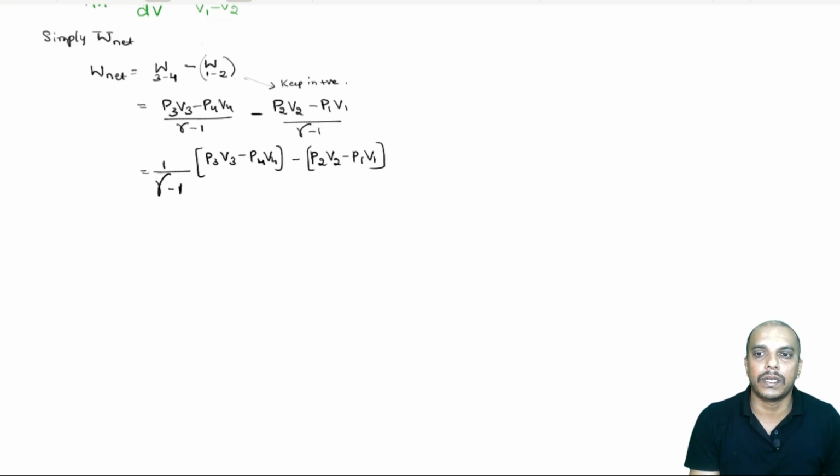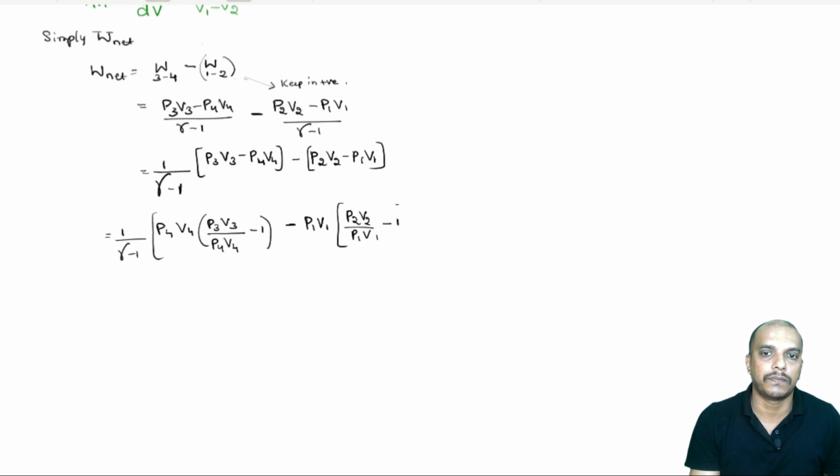Now, what we can do is take P4V4 common in the first term. So, I will have P3V3 by P4V4 minus 1. Similarly, in the second term, I will take P1V1 common. I will have P2V2 by P1V1 minus 1.